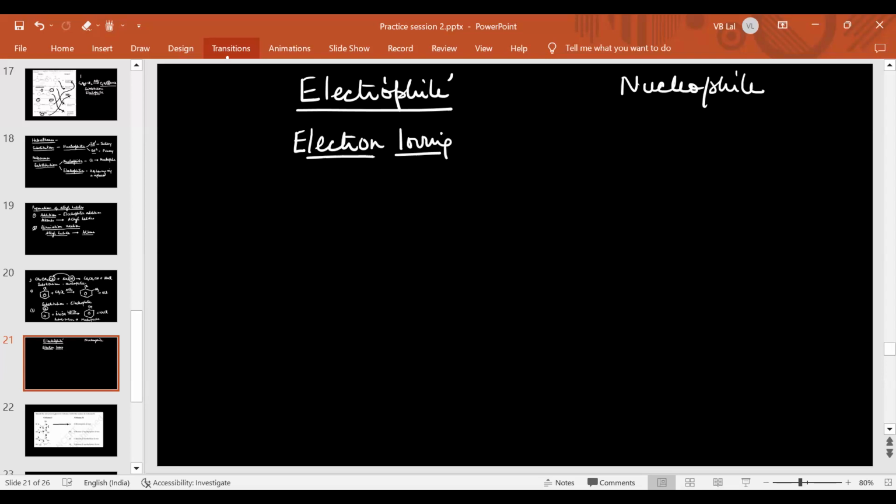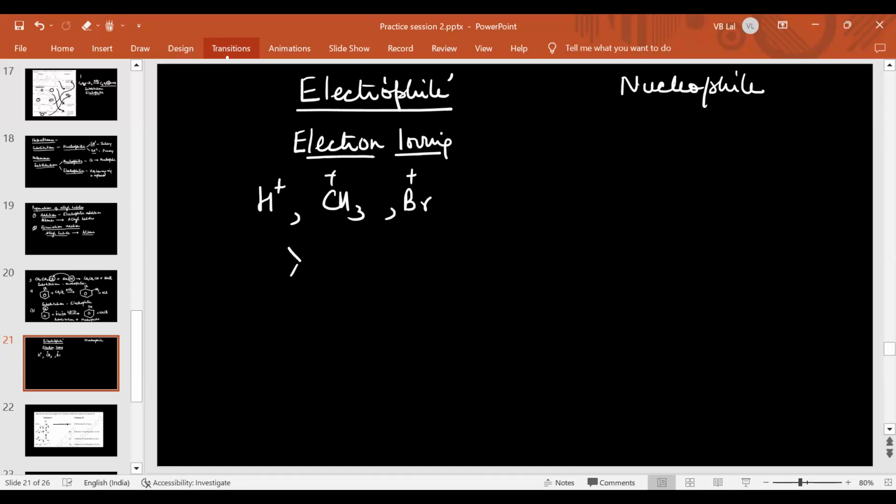So species which have a positive charge, like H plus, CH3 plus, Br plus, these are all electrophiles. They will attack at a place where there are electrons.